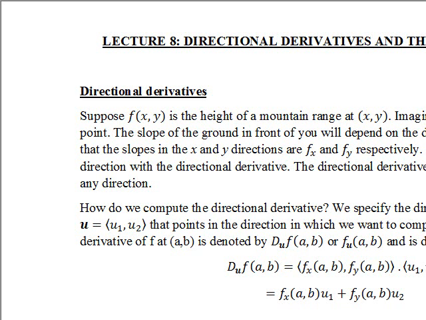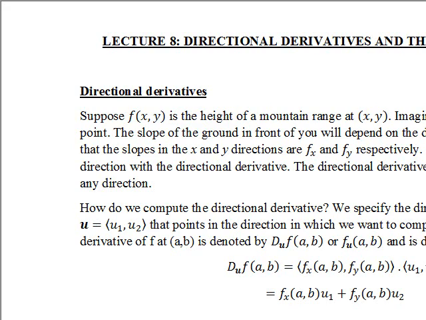Now, let us say you are standing and then in the direction of the vector 2, 3, right? Now remember, the vector 2, 3, there are many other vectors in that direction that you can specify. For example, any multiple of 2, 3 is a possible direction, right? So 2, 3, 4, 6, 6, 9, these are all the same direction.